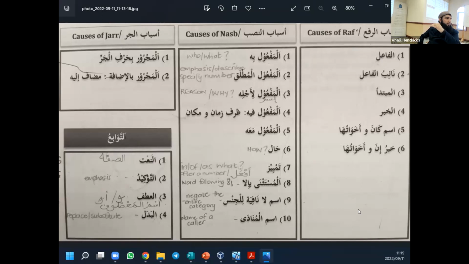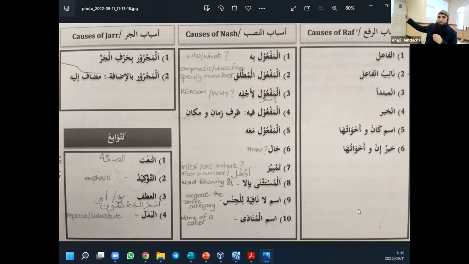I'm emphasizing that it's them, right? What hal is ulaika in? It's raf' because it's the mubtada. Them, it's also in raf'. Why? It's emphasizing that. So the original word can be in any hal.